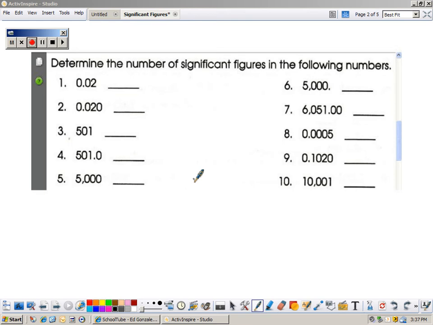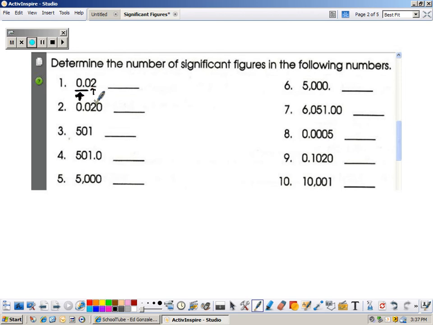So the first number, it's 0.02. Okay, there's two rules that we're going to look at in this problem. First rule, all non-zero numbers are always significant. So we have one significant figure there. Leading zeros are never significant.